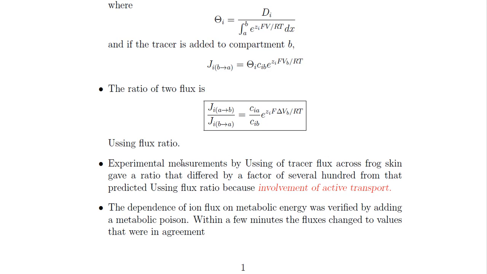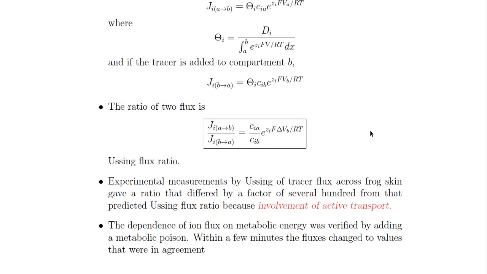By using this experimental measurement, tracer flux across frog skin gives a ratio that differed by a factor of several hundred from that predicted using the flux ratio, because of the involvement of active transport.